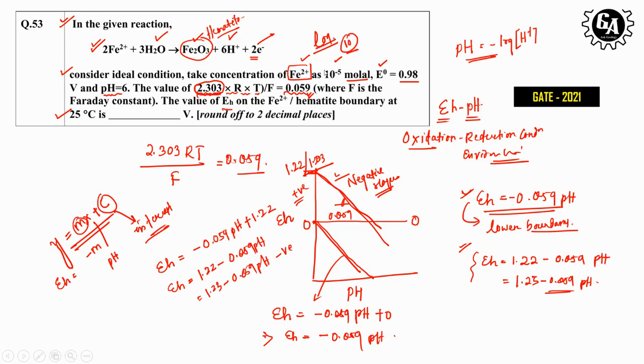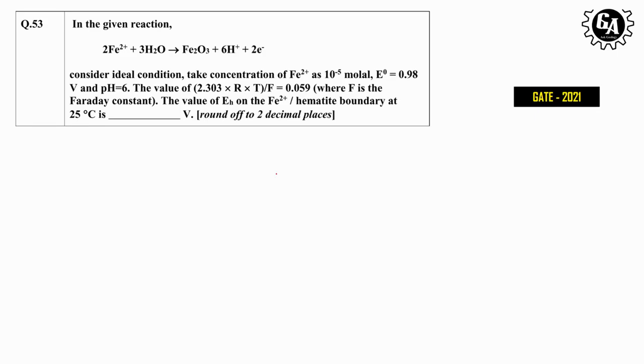So the equation we will be using here is EH is equal to E0 minus 0.059 divided by N log K.